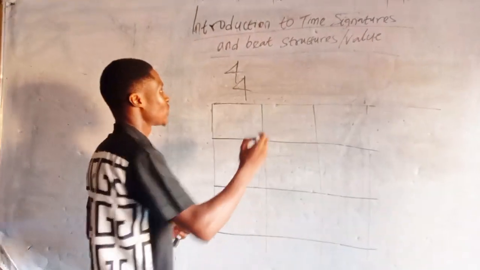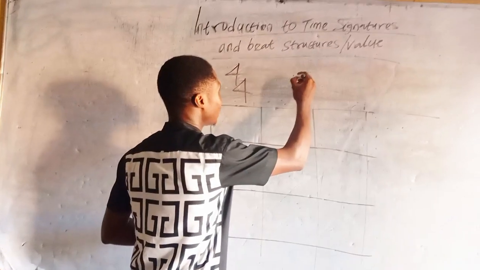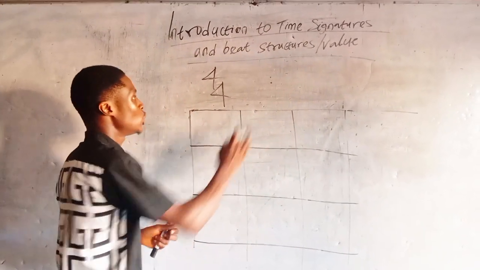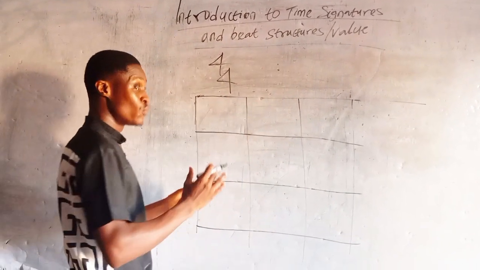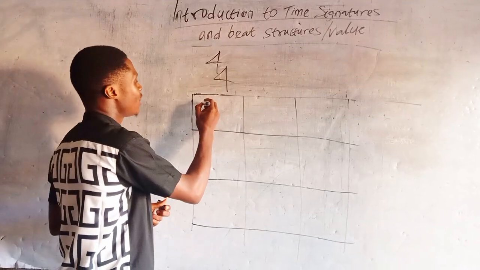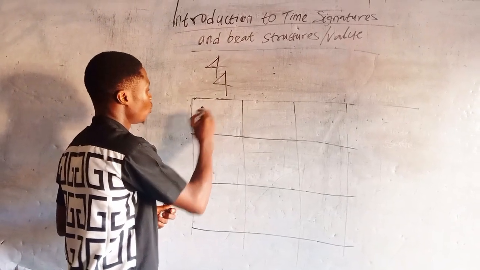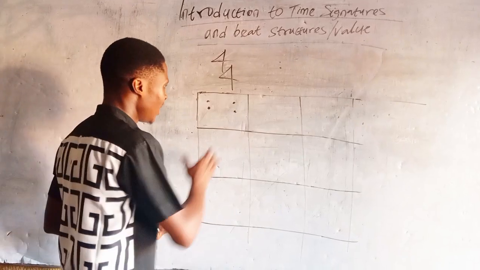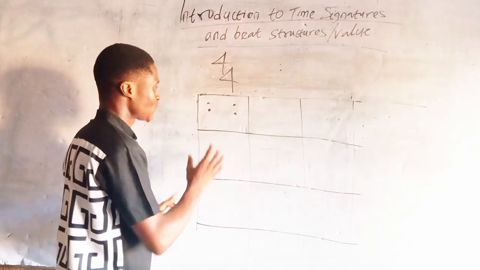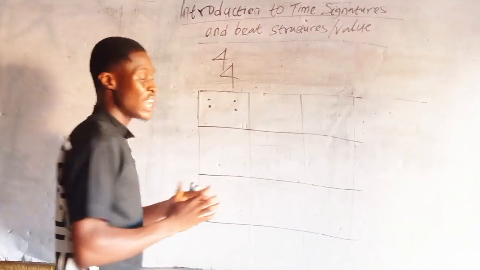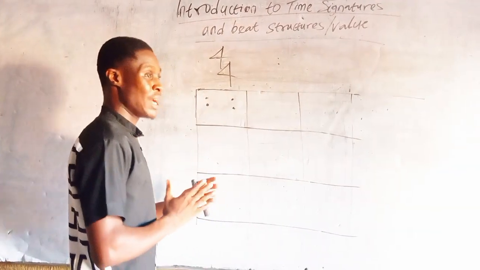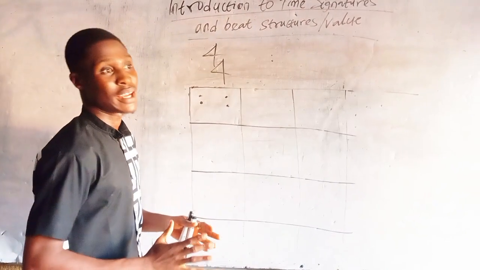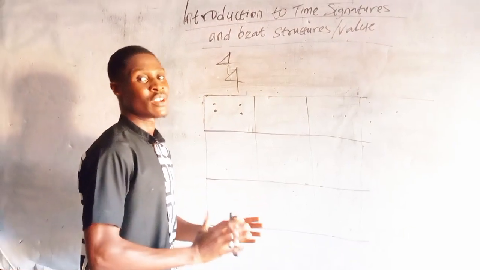Now, check this out. The full pulse mark divides the bar into full bits, right? So when we have 1, 2, how many bits do we have in this bar? We said a full bit exists between a bar line and a full pulse mark, or between a full pulse mark and another full pulse mark.